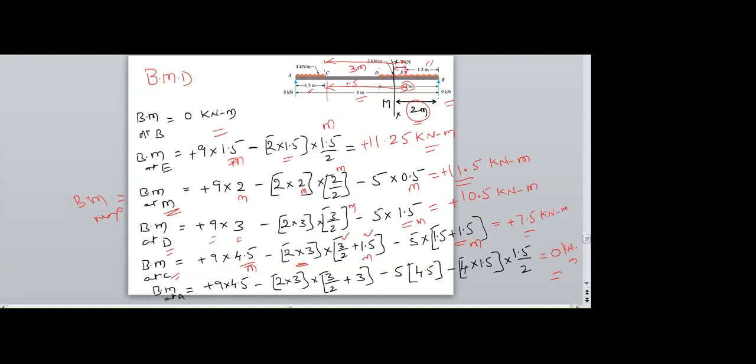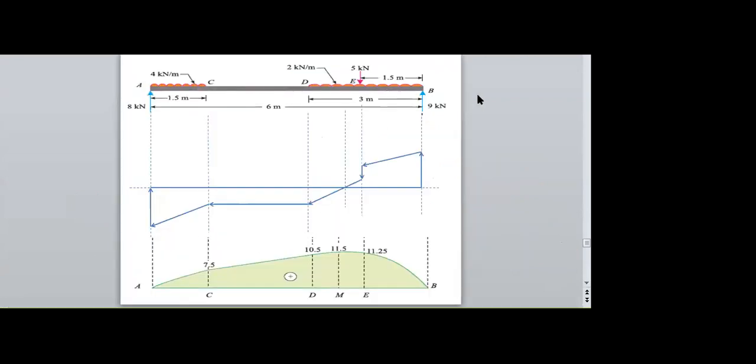Using all these points, I need to draw the bending moment diagram. And while drawing also, you need to observe the UDL positions. So in between D and B, so this is the D point and this is the B point.